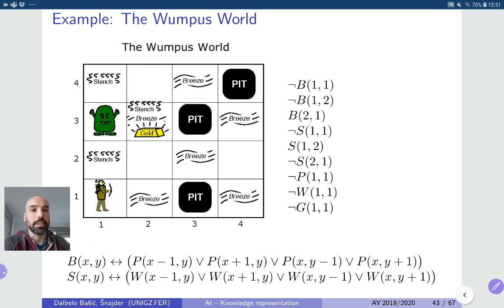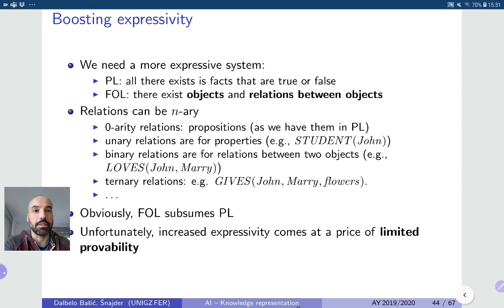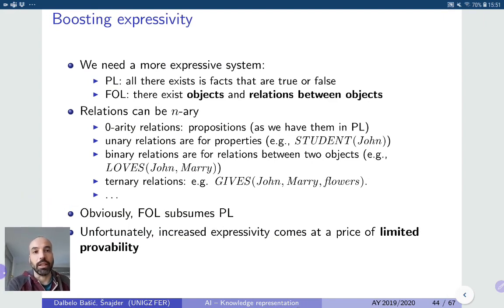Okay, so obviously first order logic makes sense because it's more expressive, right? And that's exactly the idea. In propositional logic, there exist only facts that are either true or false, whereas in first order logic, there are objects and there are relations between objects. So you see, there is a difference in terms of ontological commitments.